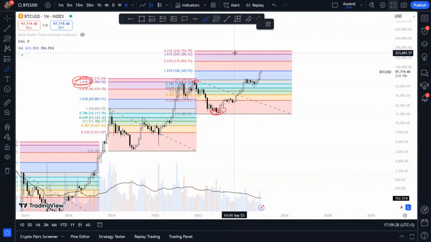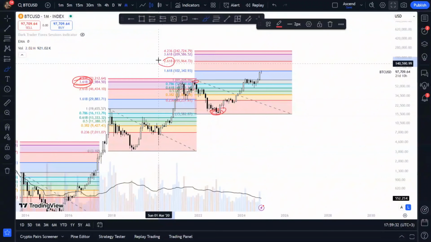We can also reverse from other Fibonacci levels like this 2.6, which will be 150k for one Bitcoin. I don't think we will reverse now from the 1.6 level, from the 100k. I think it's just starting to get more interest, so it's too early to reverse actually.